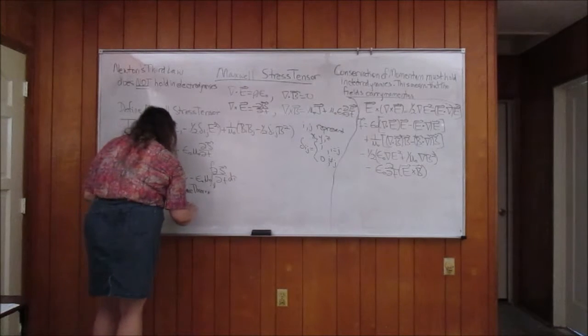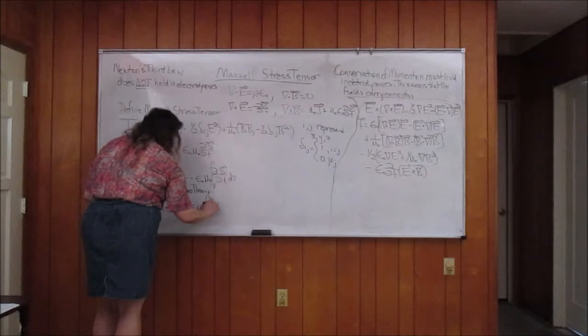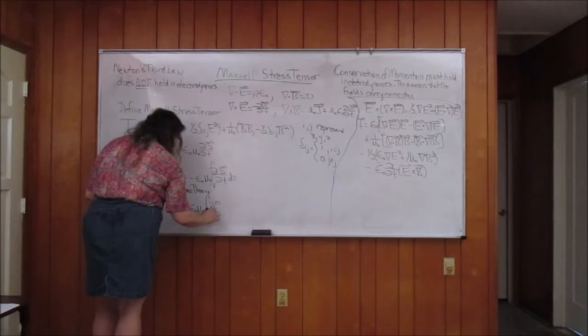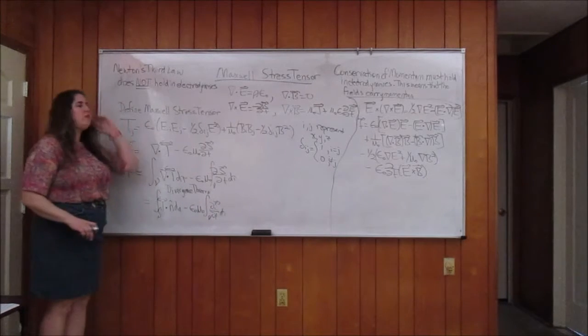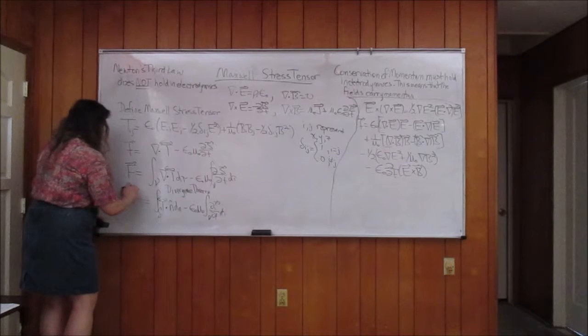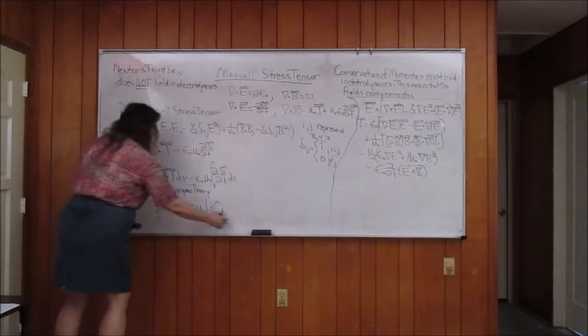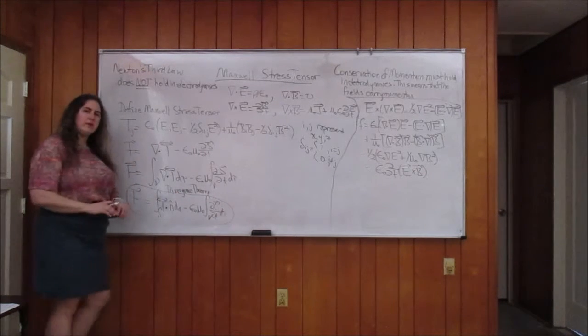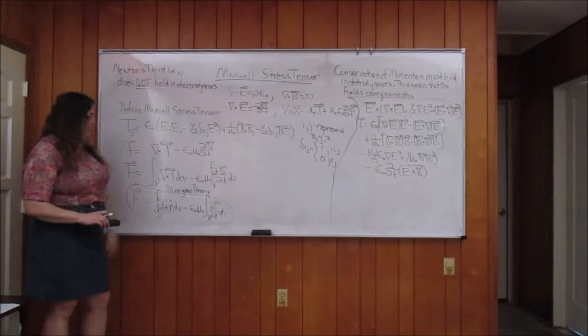And then again, we still have minus epsilon naught mu naught volume integral of the partial derivative of the Poynting vector with respect to time. And that is how you calculate force in terms of the Maxwell stress tensor and also the Poynting vector.